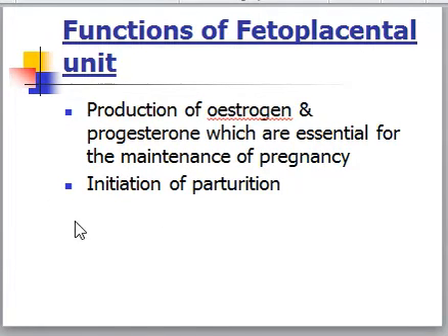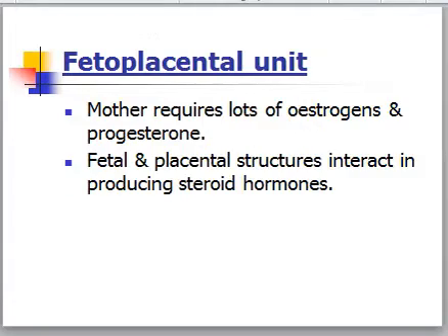I will repeat again. So what is the fetoplacental unit? The fetoplacental unit refers to the interaction between the fetus and placenta in the formation of steroid hormones. The interaction occurs because some of the enzymes involved in steroid synthesis are present in the fetus but absent in the placenta, and those enzymes which are absent in the fetus are present in the placenta.